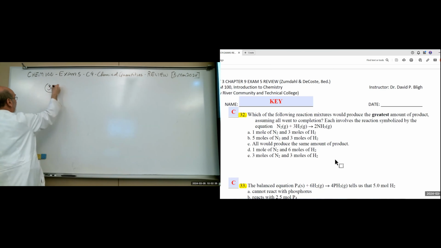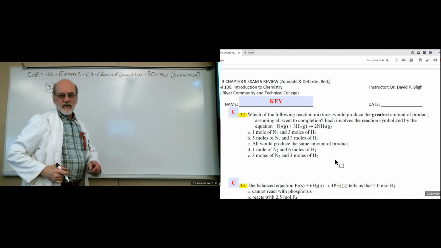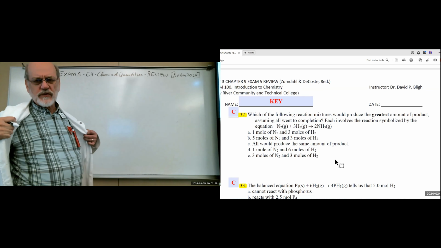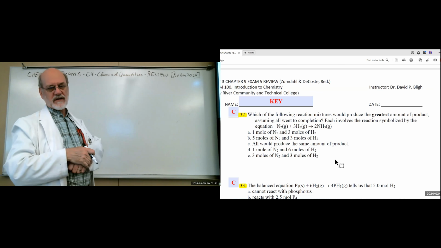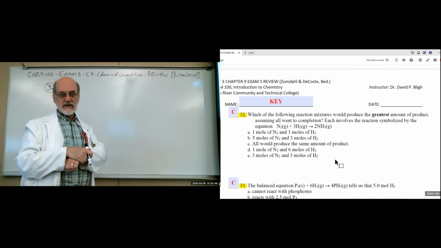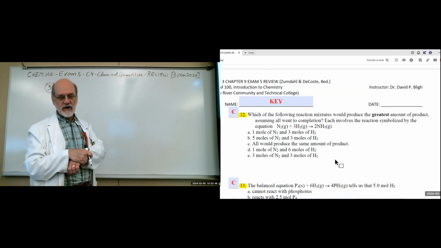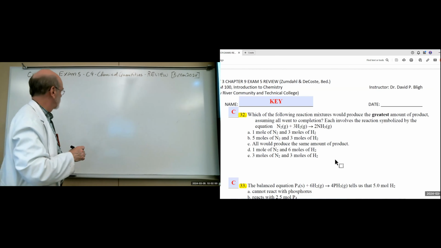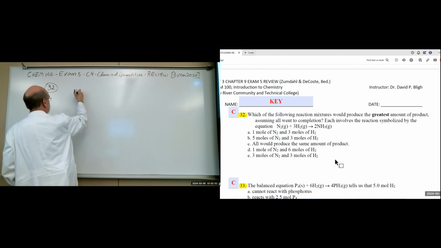Which of the following reaction mixtures would produce the greatest amount of product, assuming all went to completion? Each involves the reaction symbolized by the equation. Okay, so we got the Haber equation again.